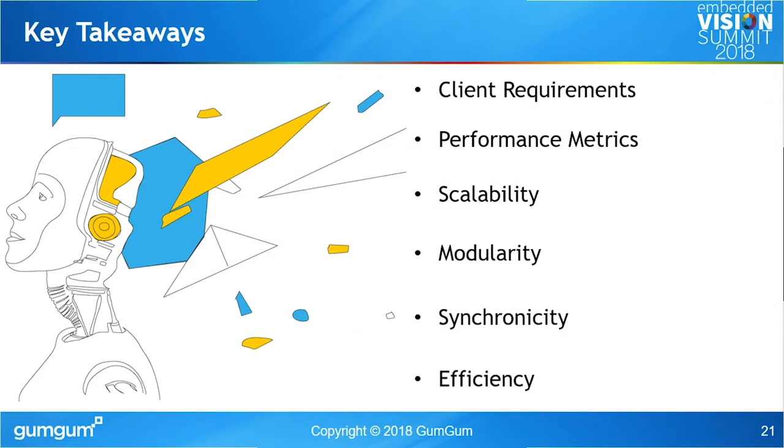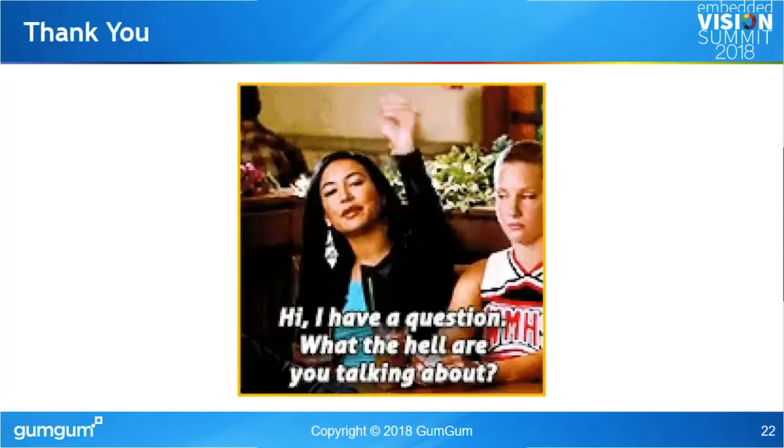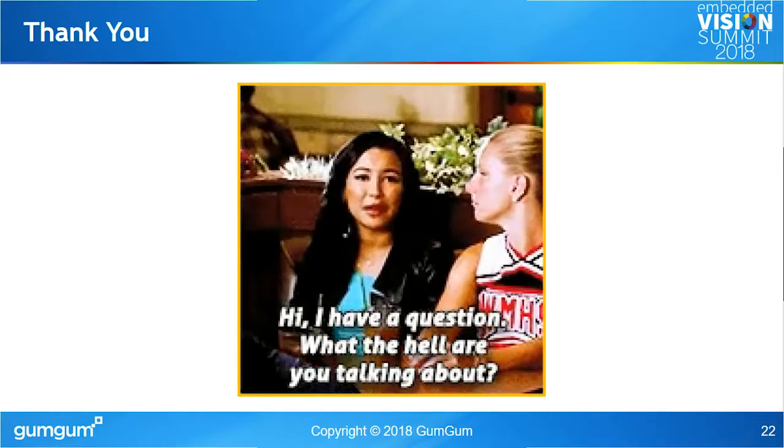And the last thing is efficiency, because at the end of the day, we not only want to build scalable, efficient and accurate systems in the cloud, but we also want them to be sustainable. And that's it. Thank you.